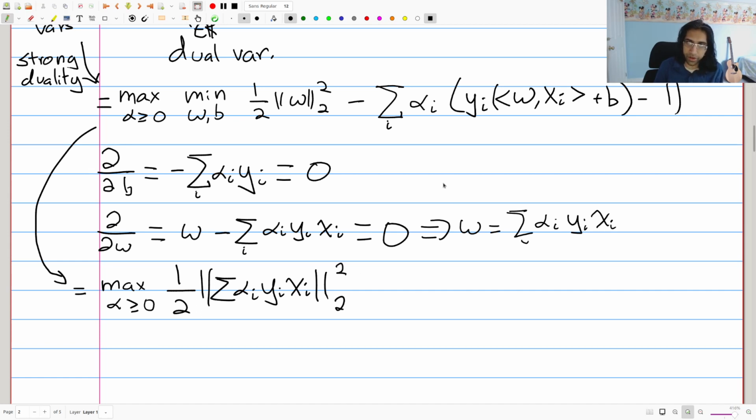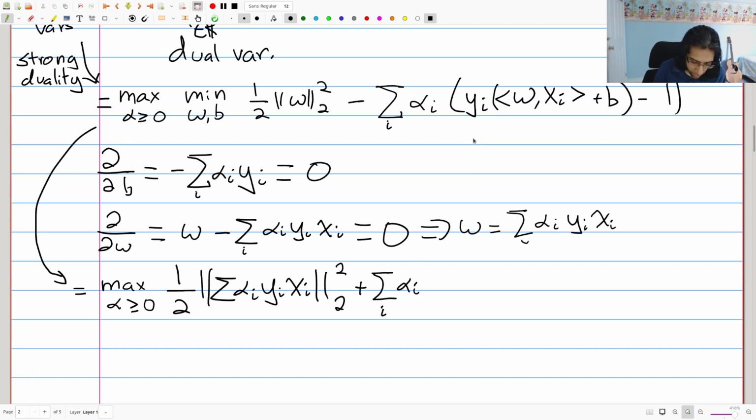Now the second term, let's try to expand it out a bit, just because it'll be easier to see. The first thing we're going to do is take this summation over alpha i and multiply out this first term. I just want to get rid of the ones and get it out here. So that'll give us the summation over i of alpha i. So that's getting rid of this one.